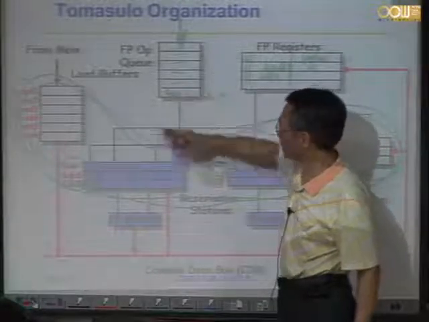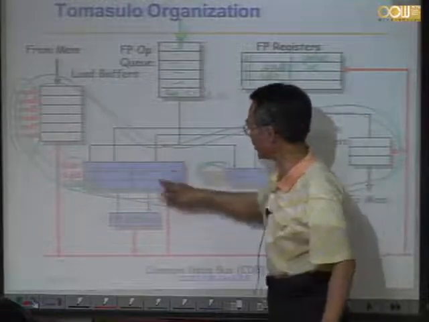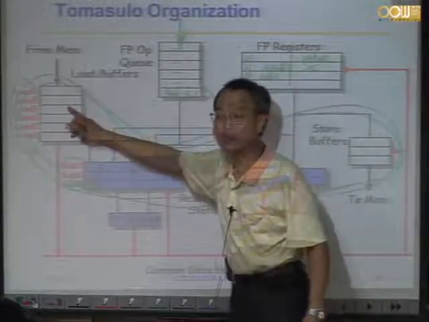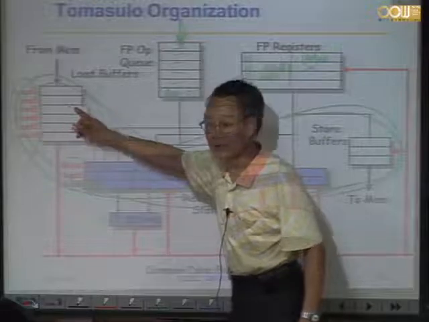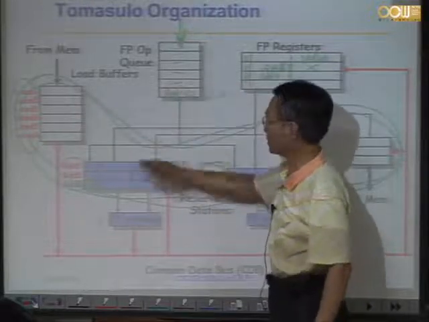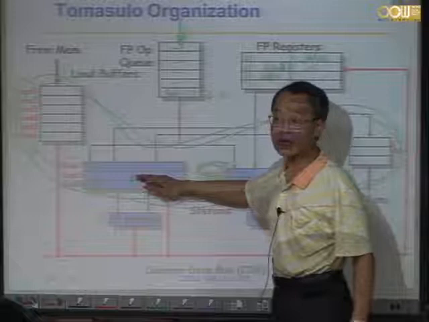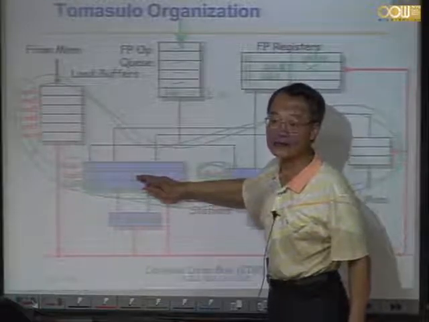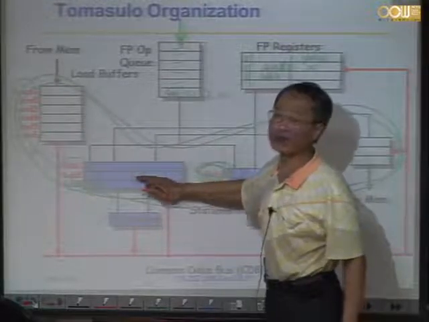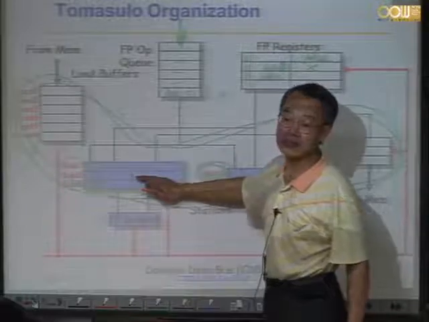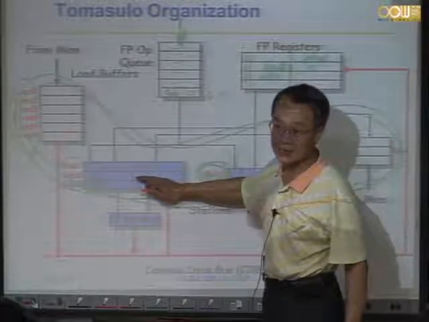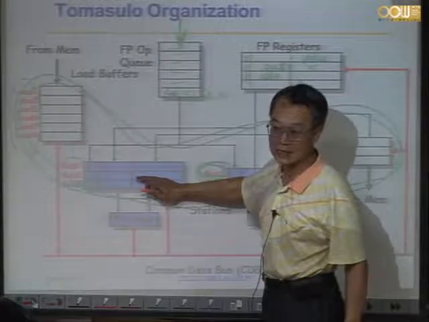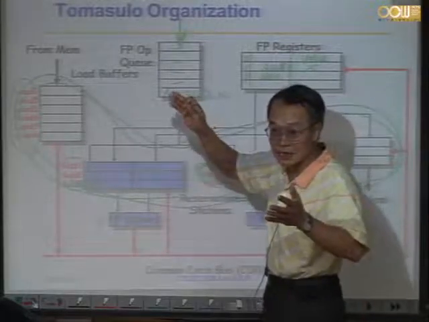After decoding, I know where I should go: to this group, or this group, or this group, assuming there's available space. So after decode, I go to here. Have I read the operands? Maybe not. So I wait for an indefinite number of cycles again until I get all the sources I need. See, the waiting is in between?